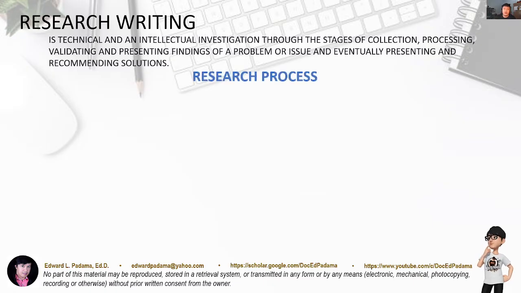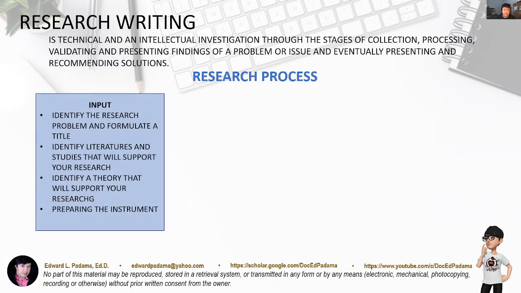Now, I mentioned earlier during the discussion of this definition that all of this belongs to what we call the research process. The research process will be divided, based on this presentation, into three stages, which is the IPO: the input, the process, and the output. For the input, this is where you gather data and prepare everything that you need for your research paper.